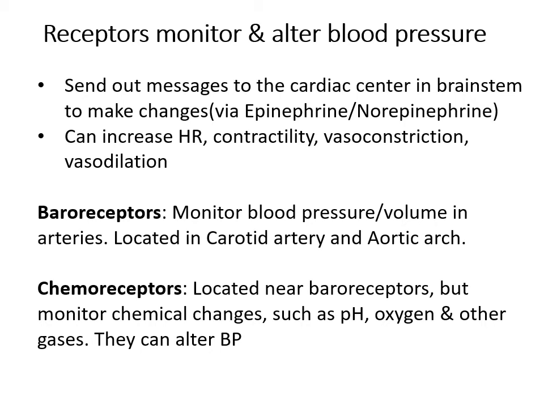Remember, the body always wants to stay in homeostasis. It can't live with huge variations in oxygen, CO2, and pH. It needs homeostasis, and it has all these receptors to try and achieve that.